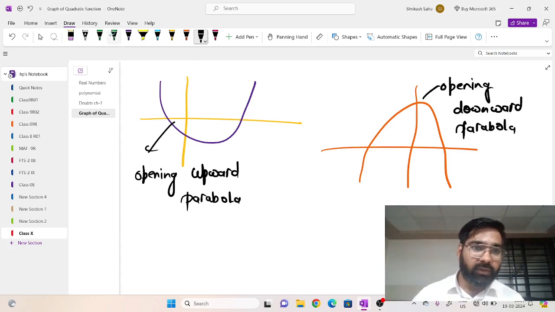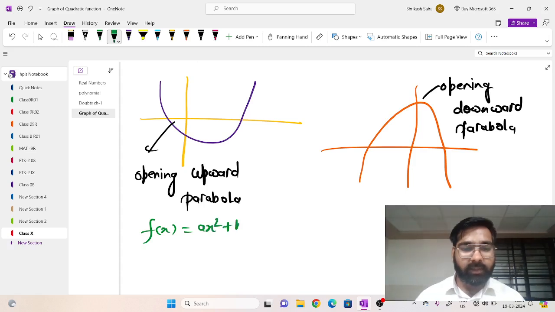How can we identify when the graph of a quadratic function is an opening upward parabola or an opening downward parabola? As we know, the form of a quadratic function is f(x) = ax² + bx + c. If the coefficient of x² is positive, it means the value of a is positive, or we can say it is more than 0, then the graph of this function is an opening upward parabola.